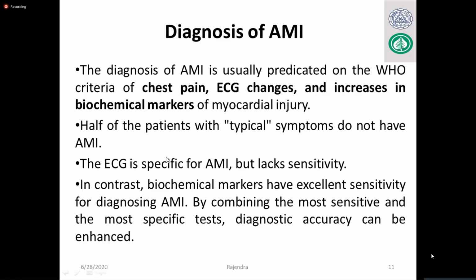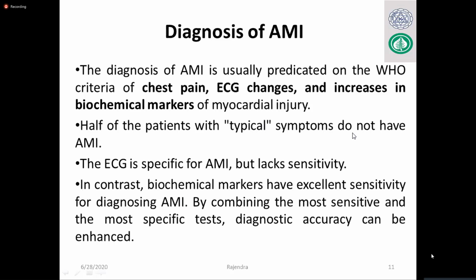Half of the patients with typical symptoms do not have AMI. See, if only symptoms can predict AMI, why do we need any markers? That is the question. The answer is here: half of the patients with typical symptoms do not have AMI. That means symptoms alone are not sufficient to diagnose. If symptoms alone could reflect the actual picture of the disease, why would we go for another test?